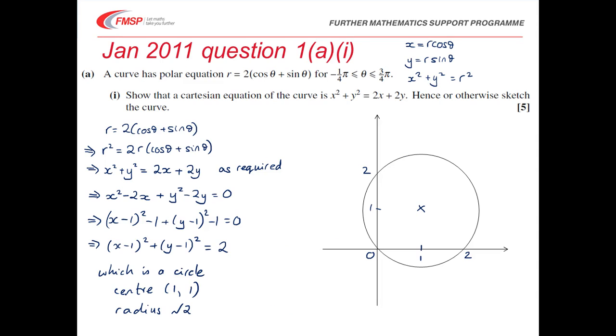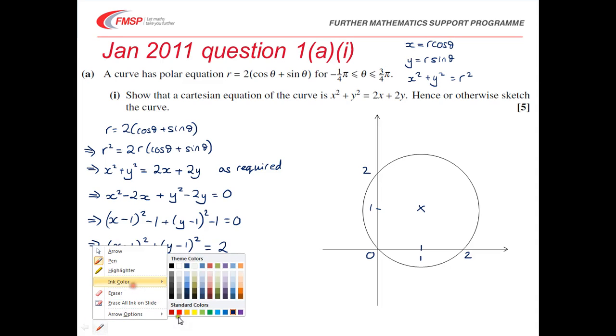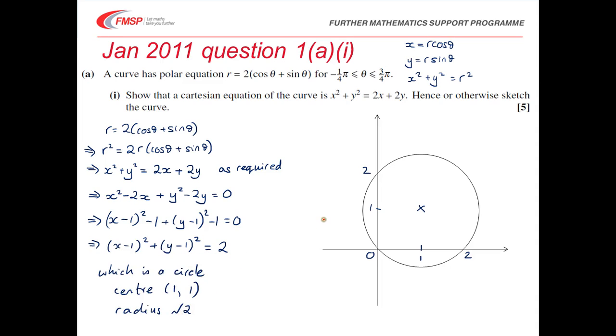Okay, let's see how the mark scheme works for this question. For part 1, there is a method mark for using one of these relationships, which I've done here. There's then an accuracy mark for a complete and convincing argument.